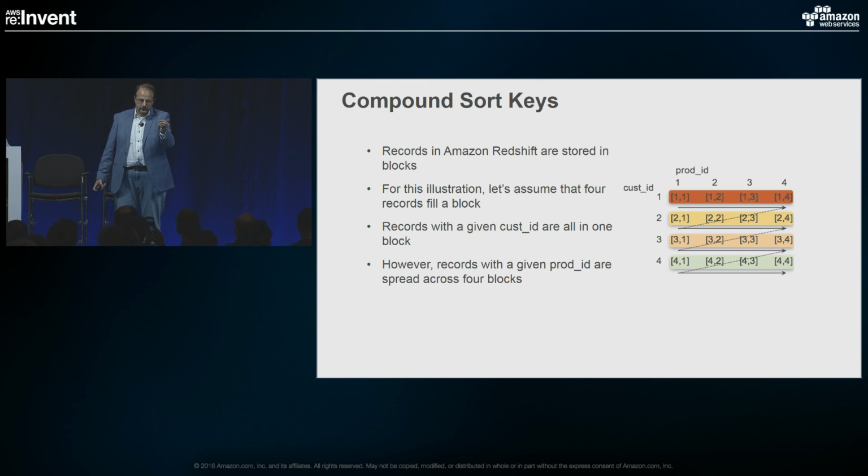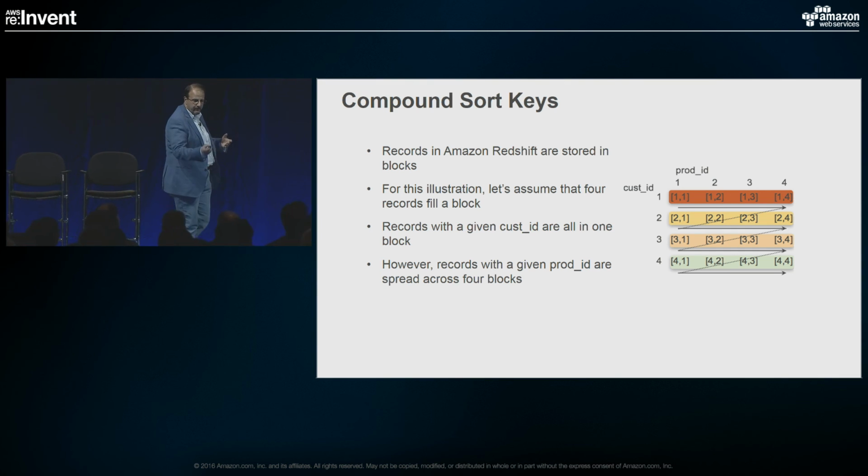So contrary to what you think of on indexes, where you put the most selective column first, on Redshift it's actually the opposite. You put the least selective column that you query by first, because then you can take advantage of the multiple layers of your sort keys. In my example, if I'm searching by customer ID only, I can touch only the red block there. Simple, easy, efficient.